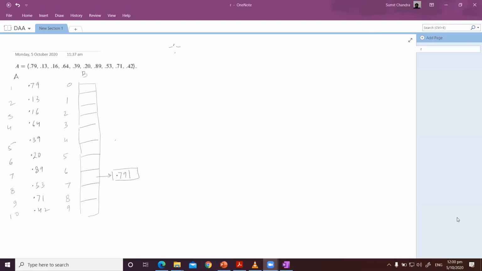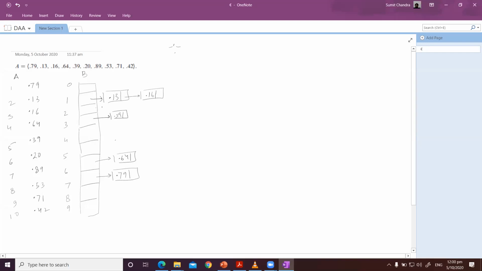Now we'll go to the next element. It's starting from 1. So we'll go here. The linked list is created, 0.13. Then 0.16. Again it is 1, so we'll add an element here, 0.16. Now 6. We'll go to 6, 0.64. Then 0.3, so we'll go to third, 0.39.